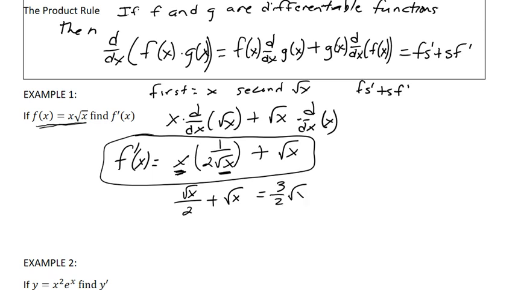That would be a simplified version, because I have a half square root of x plus a full square root of x, which is 3/2 square root of x. In a multiple choice test they might have that, and it certainly is simpler than the first one.